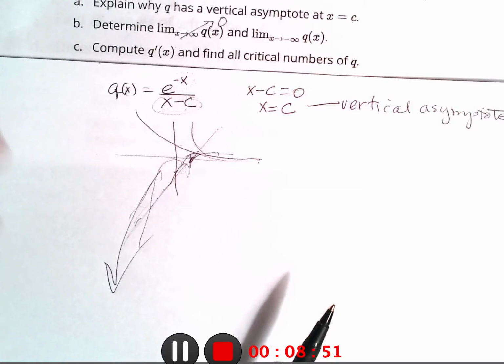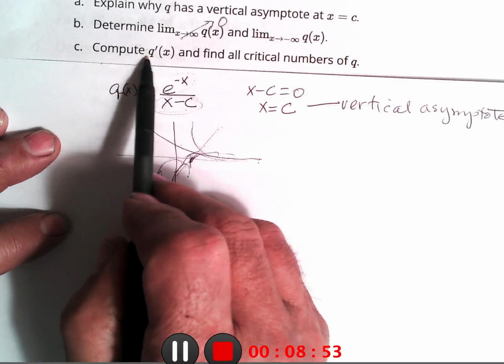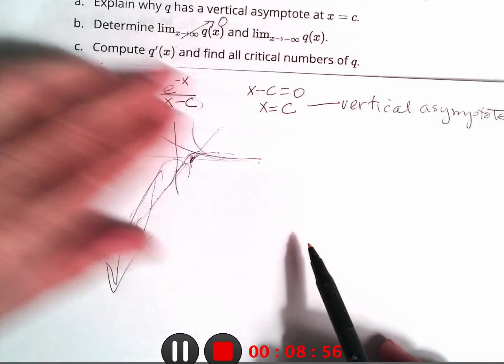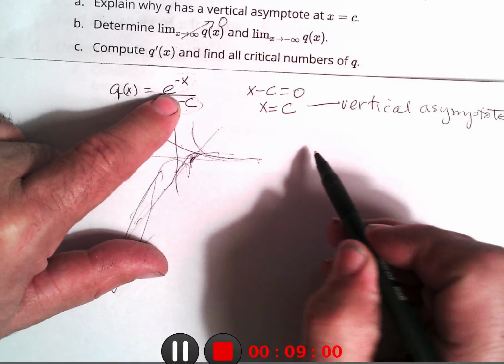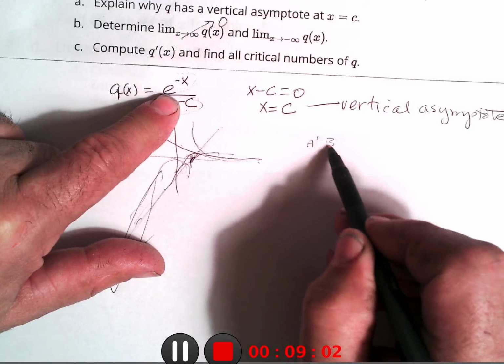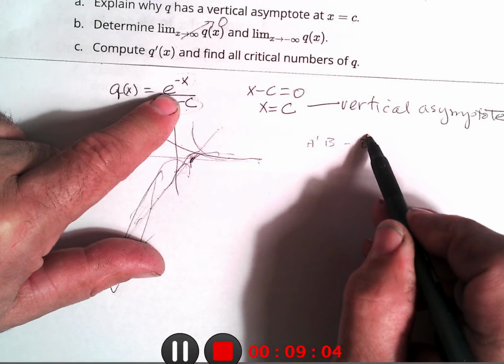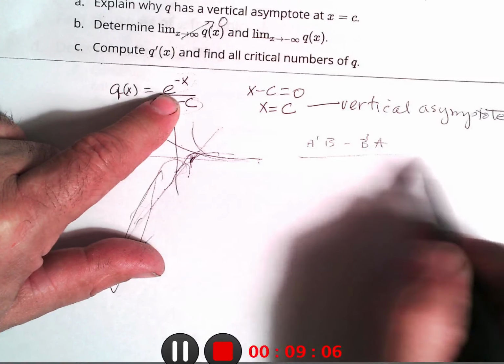All right, Q prime. Define critical numbers. So we've got to take the derivative of this, which is a quotient rule. A prime b minus b prime a over b squared is the quotient rule.